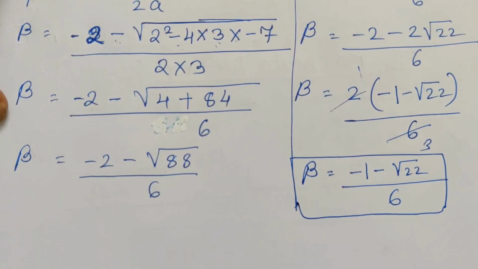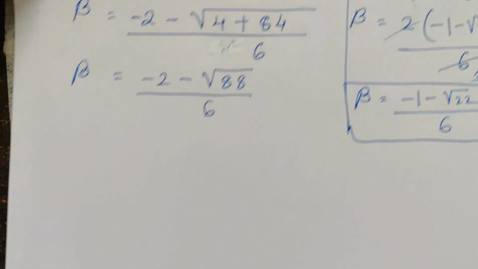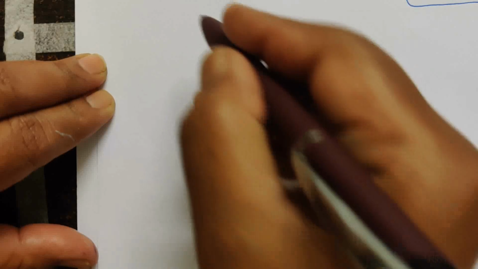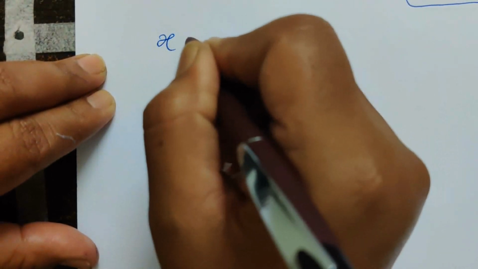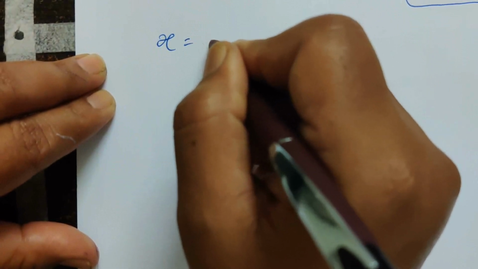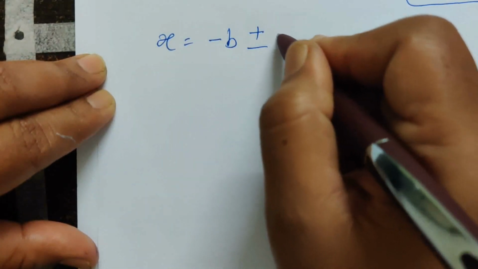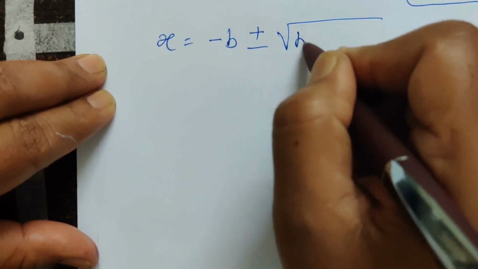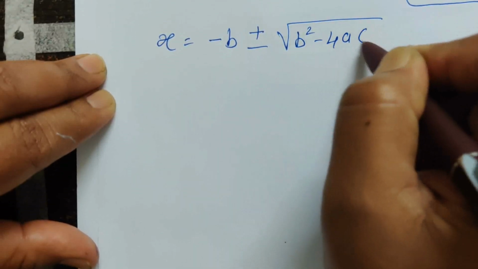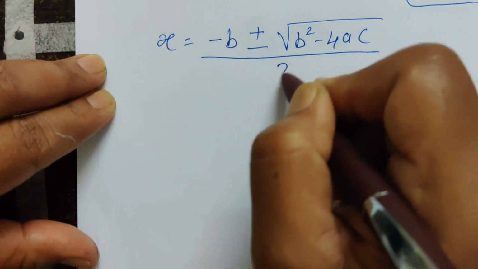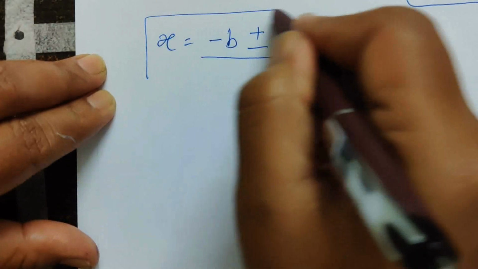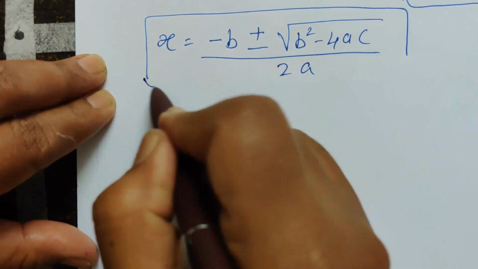I will show you the use of the common formula. If you use the common formula, that is x is equal to minus b plus minus under root b square minus 4ac upon 2a, then in this formula we will put the same values.